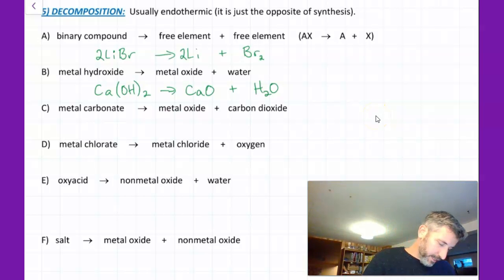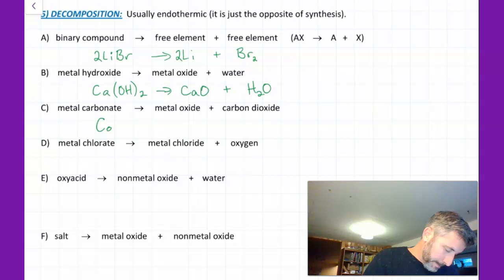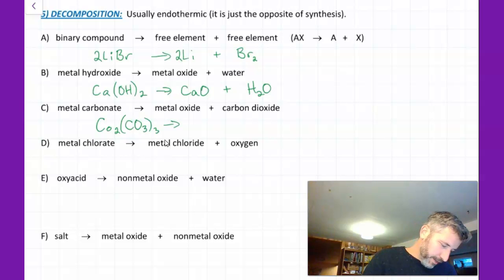A metal carbonate. So let's pick a metal we haven't used yet. Let's go with cobalt. Let's go with cobalt 3. So Co2(CO3)3. Okay, and so I did those subscripts because carbonate is 2 minus. Cobalt in this case, I'm calling it 3 plus. It's a transition metal. That's going to make metal oxide.